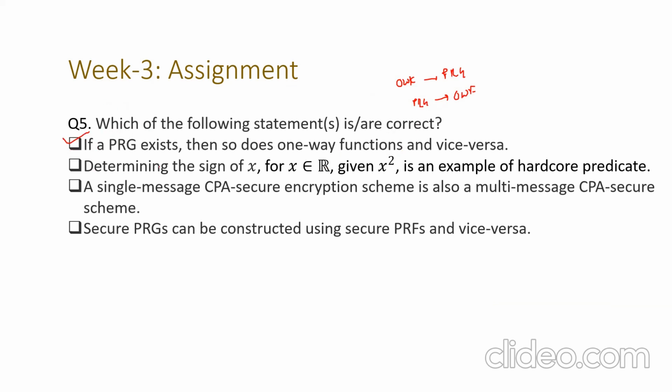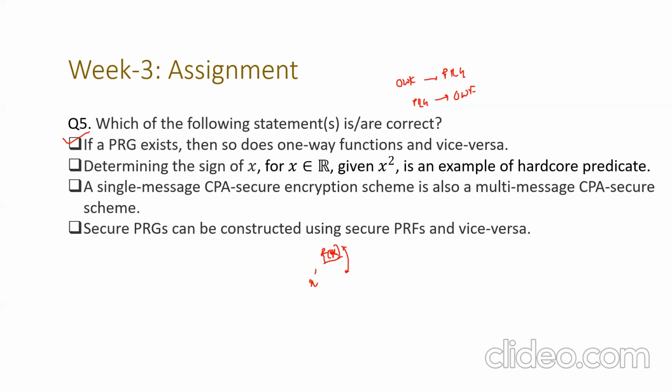Determining the sign of x for x belonging to R given x squared is an example of a hardcore predicate. So what is a hardcore predicate? As we know, for a one-way function, given f(x), determining a correct pre-image of f(x), some x dash, is hard for an adversary, so it cannot do that except with negligible probability.